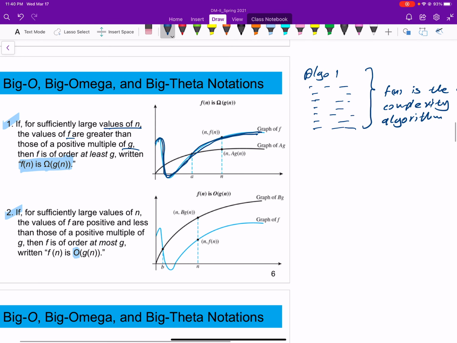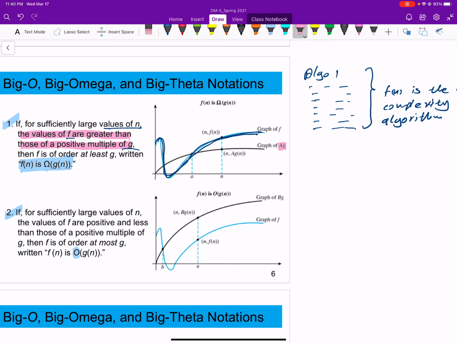And then let's assume that you can find a function g such that the values of f are greater than those of a positive multiple of g. Let's say you found a function g, and then you multiply g with a positive number, so you get ag.